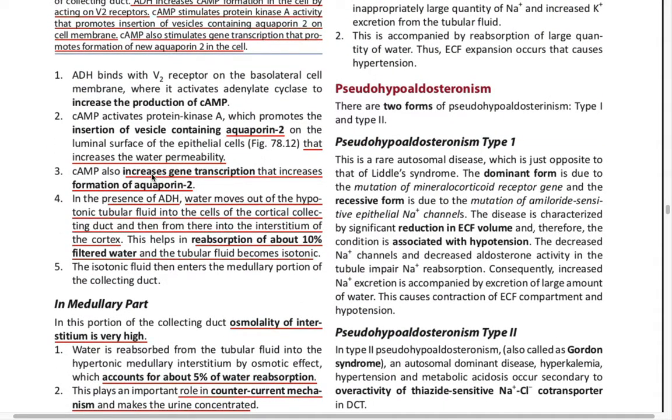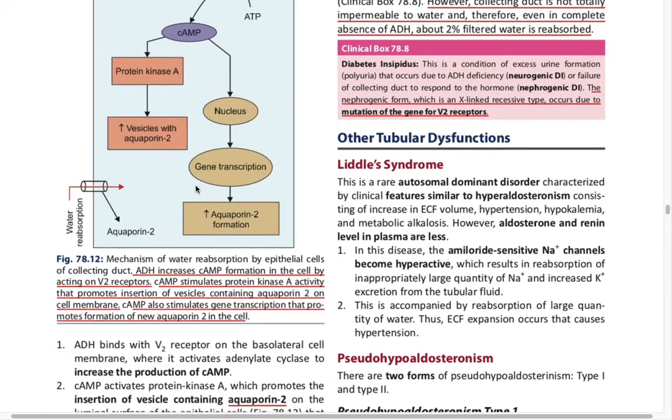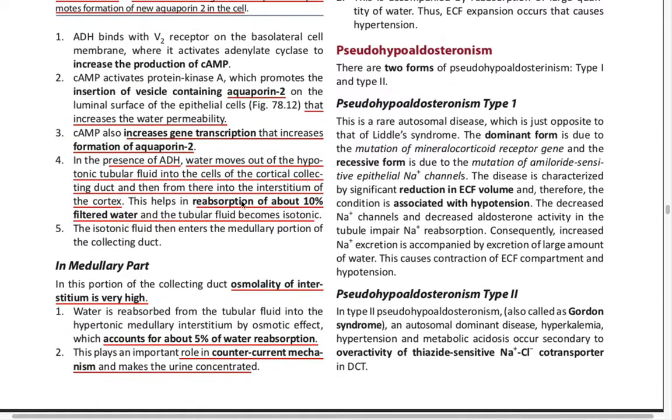Next, cAMP also increases gene transcription that increases the formation of aquaporin 2. cAMP acting on the nucleus stimulates gene transcription, which increases aquaporin 2 formation.